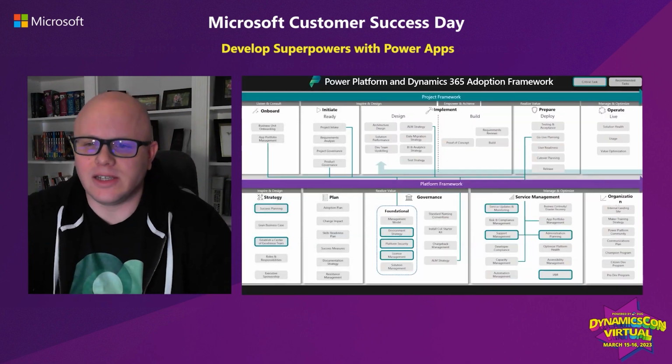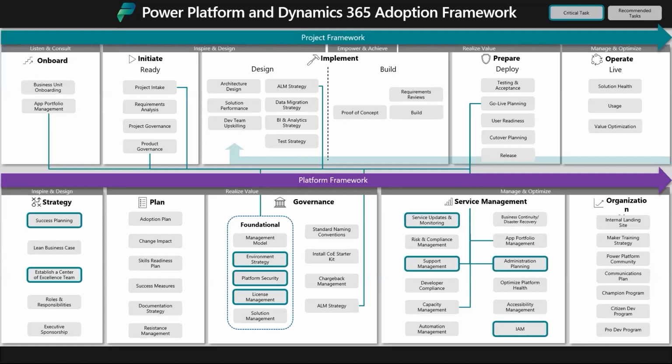Before we jump into the crux of the conversation, though, I did want to talk a little bit about the Power Platform and Dynamics 365 Adoption Framework. You see this framework on the screen and recognize there's a whole lot of information here. Really, for a customer to develop true superpowers with Power Apps, they really need to go through all of the different aspects, both on the project side and on the platform side. When we say the project framework, we're really talking about an application or a solution specific.